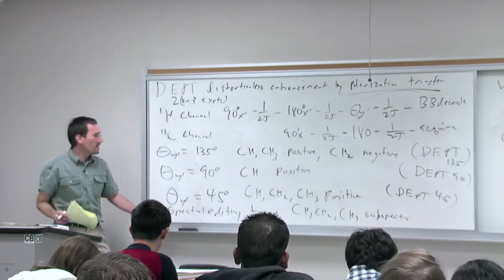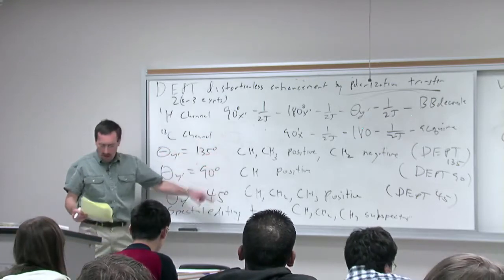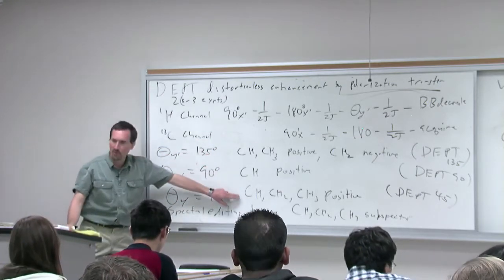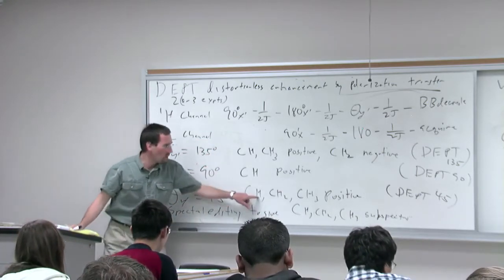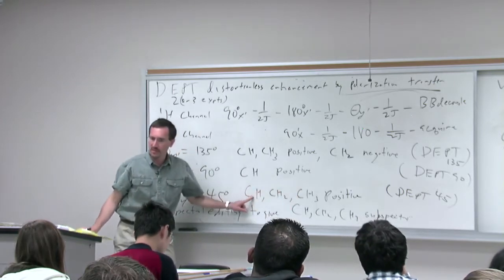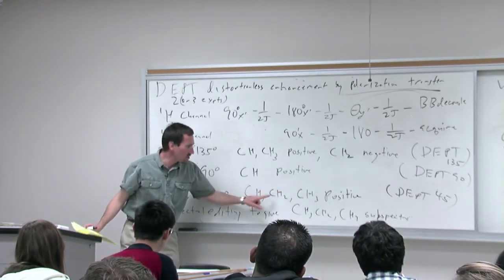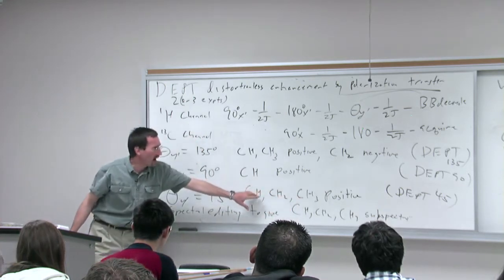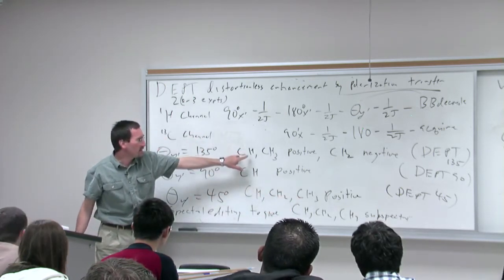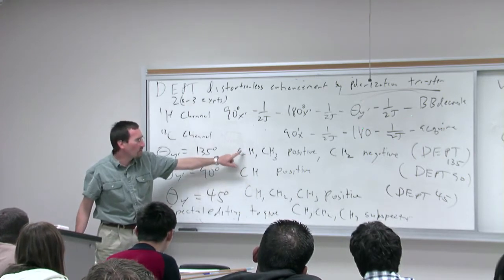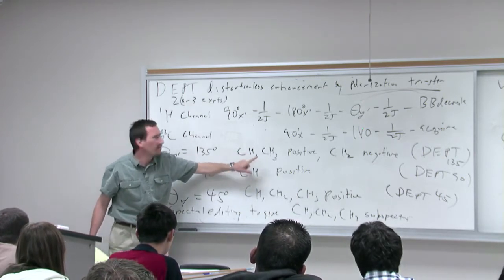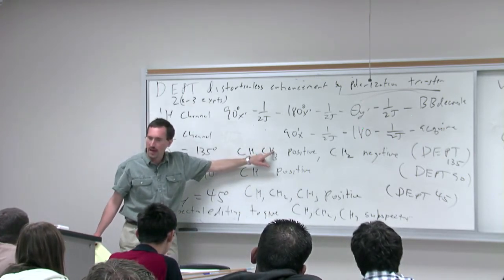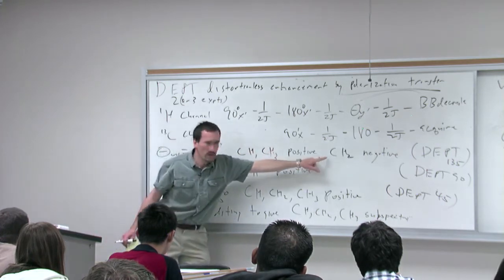Imagine for a moment that we go ahead and take our DEPT 45, in which all of these guys are positive, the CHs, the CH2s, and the CH3s, and we subtract from that the DEPT 135, in which the CHs are positive and the CH3s are positive and the CH2s are negative.